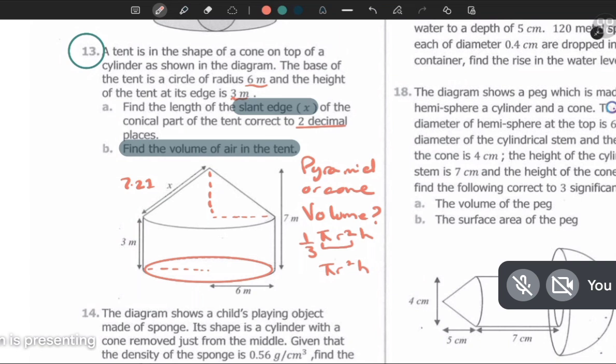After adding, the height for the cylinder is different from the height of the cone. Have you checked that? Sir, I added the volumes. You did add the volumes, but the h inside is different for both. In the volume of the cone h is 4, and in the volume of the cylinder h is 3.